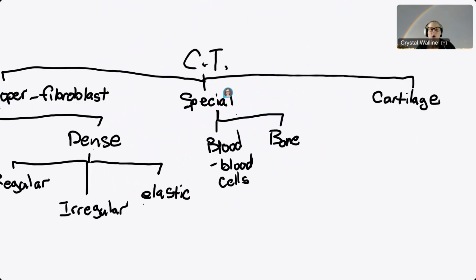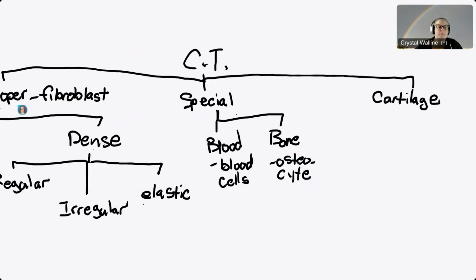In bone, the main cell is the osteocyte. Anytime you see the prefix ost, O-S-T, or os, O-S-S, it's referring to bone. And remember, cyte is referring to a mature cell.